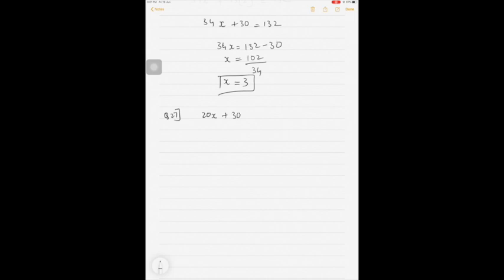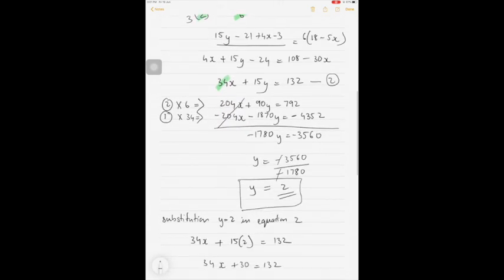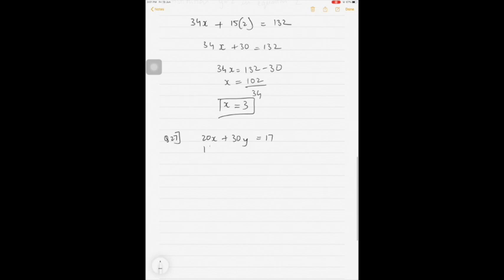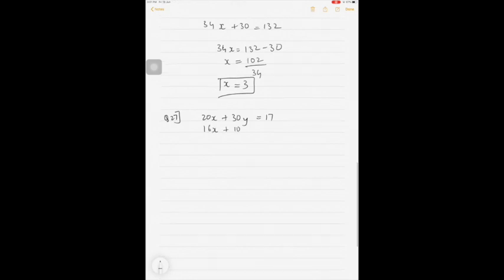The equations are 20x plus 30y is equal to 17, and 16x plus 10y is equal to 8.